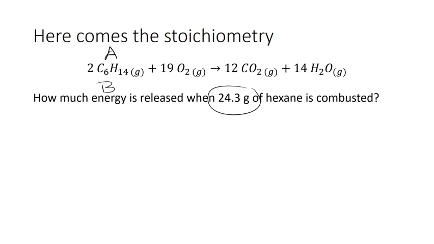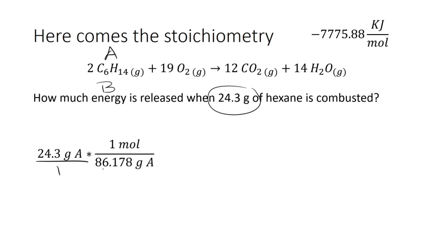We're going to start off just like any other stoichiometry. We start off with 24.3 grams of A. We can put that over 1, times the molecular mass of hexane, because that's our A, making sure our grams are canceling out. Then we have our mole ratio.